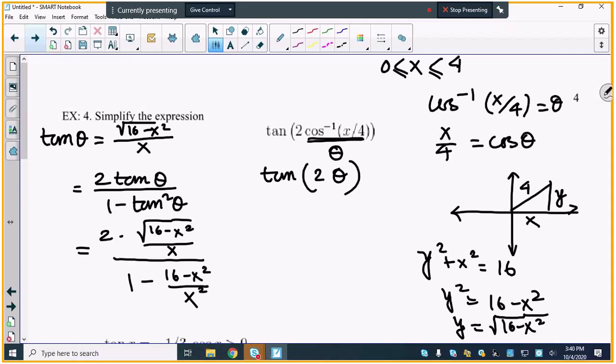And squared. And then I simplify, so I will get 2 times square root of 16 minus x squared over x on the top.